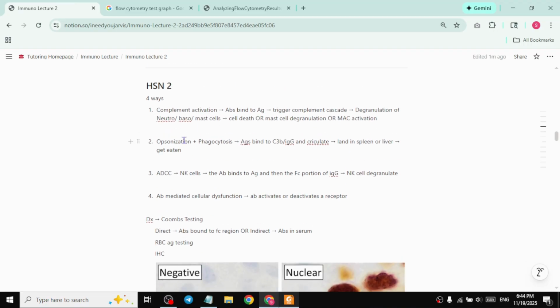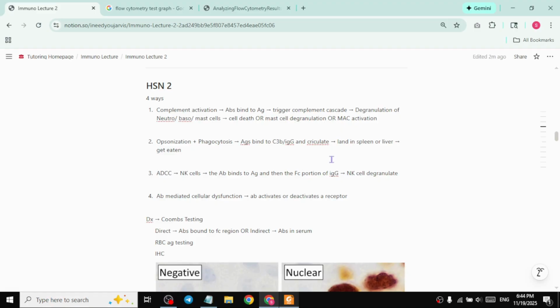Next comes opsonization and phagocytosis. You see, C3b is the main thing marking something to be phagocytosed, right? If C3b is not working, then you're not going to have that anymore.